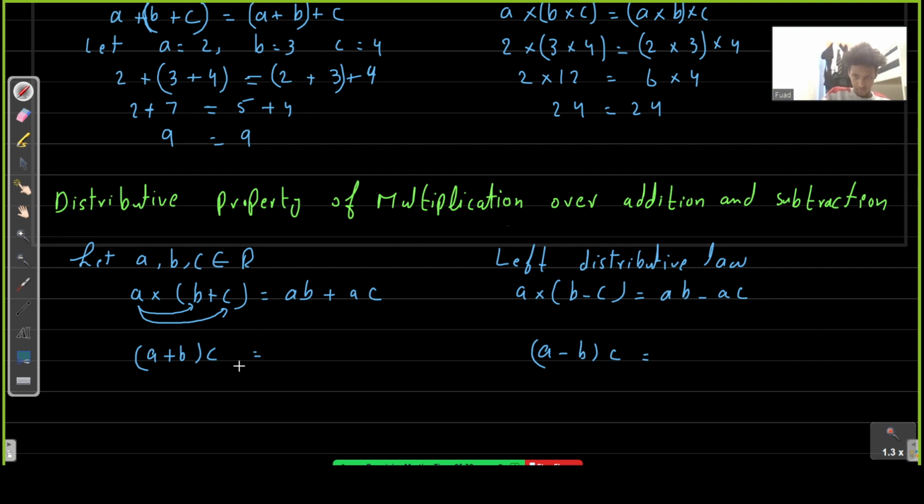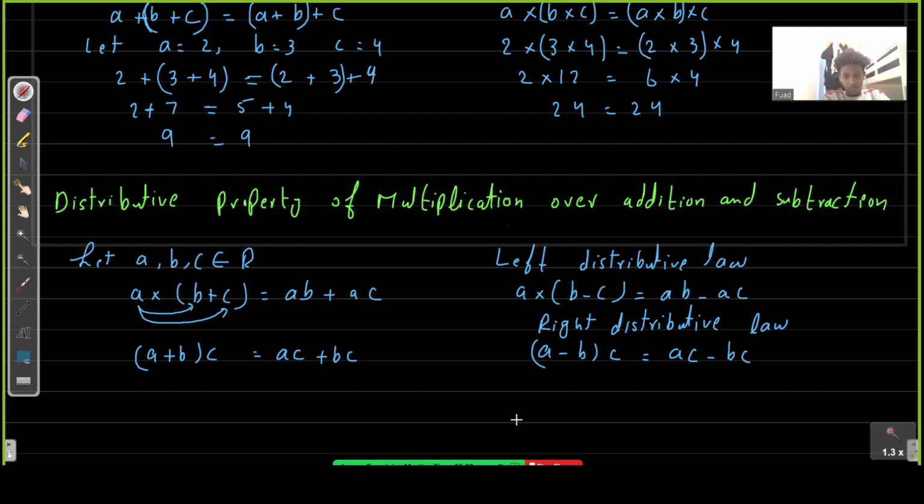So C multiplies with A, so AC, we don't want to disturb the order of the letters, plus BC. Then C multiplies with A minus B, so AC minus BC, which is the right distributive law. I'm going to write here: right distributive law of multiplication over addition and subtraction.